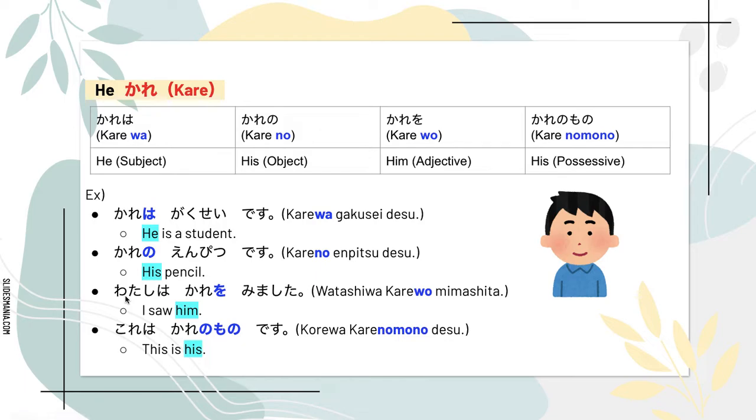The example would be I saw him, and in this case it uses him. So if you change that into Japanese, it'll be 彼を. So the example is going to be 私は彼を見ました。見ました means saw.